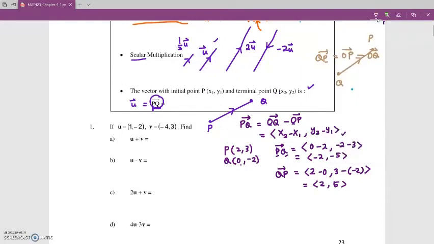Look at how I denote the brackets. If it is a point, I use a round bracket. If it is a vector, I can use an angle bracket. Actually, it depends on the book that you use.